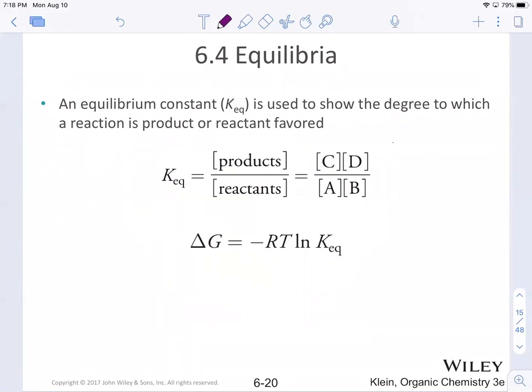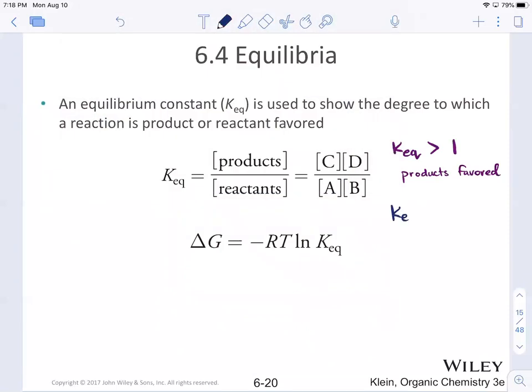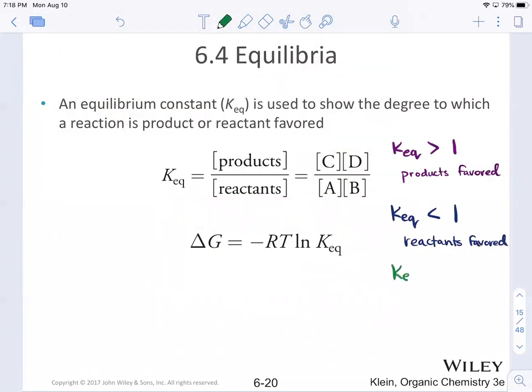If the KEQ is greater than 1, products are favored. If the reaction KEQ is less than 1, the reactants are favored. And then if the KEQ is equal to 1, neither are favored.